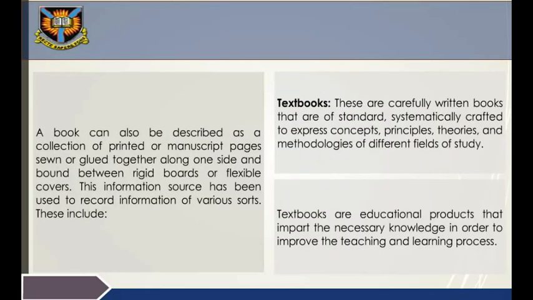A book can also be described as a collection of printed or manuscript pages sewn or glued together along one side and bound between rigid boards or flexible covers. This information source has been used to record information of various sorts.